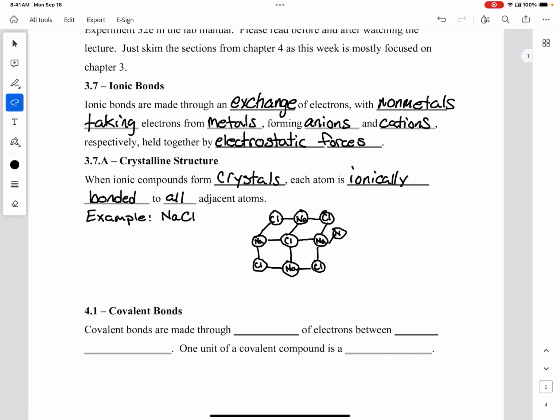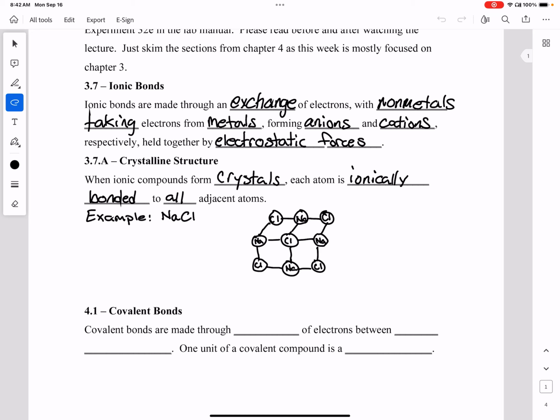No, that's enough. Nope, it doesn't want to let me erase it. There we go. Okay, we don't have to have great art skills.